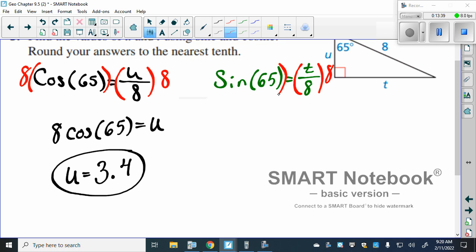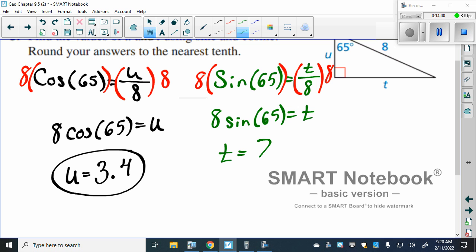Multiply both sides by 8. And we would get t equals 7.3.